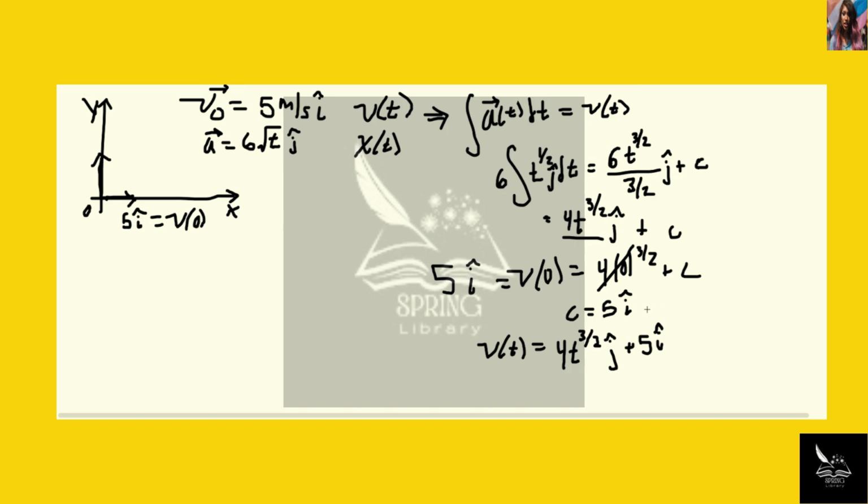Cool. And that is our velocity equation that actually will give us the velocity at any time t. And of course, you could put the i in front if you wanted to, and the j term in the back, so it's in the proper order, but this is perfectly mathematically correct as well.